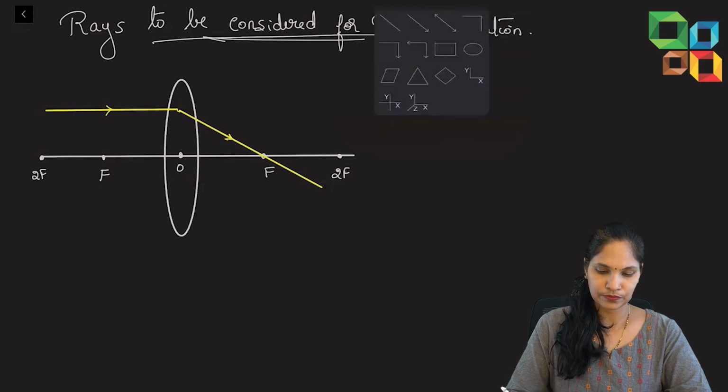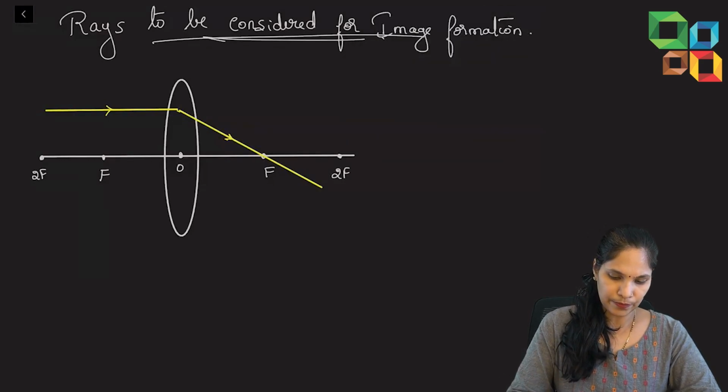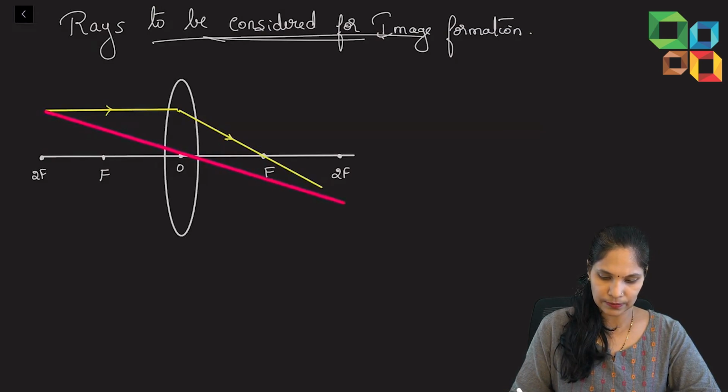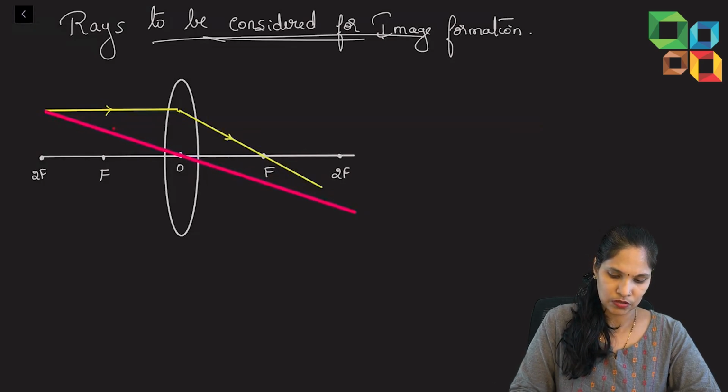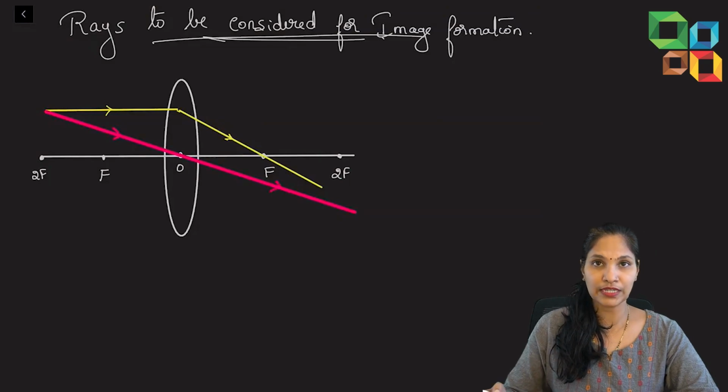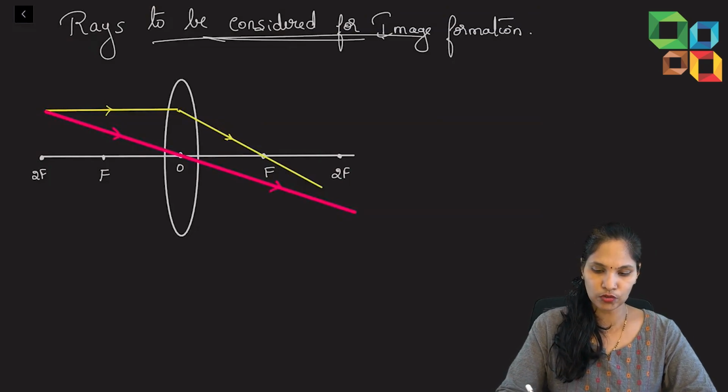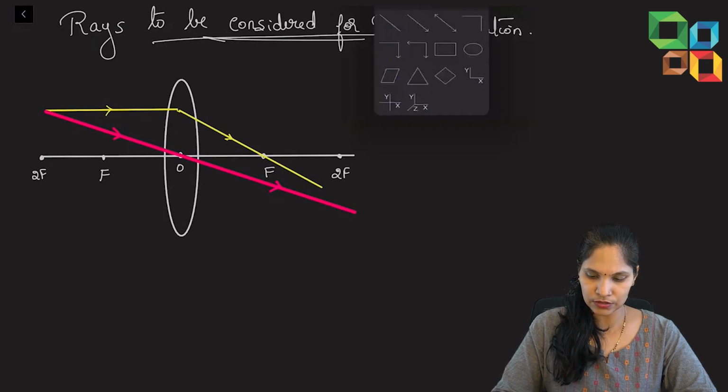Second ray. A ray which passes through the optic center goes undeviated. So any ray, if you are taking it through the optic center, you don't have to show any refraction there because it goes undeviated.